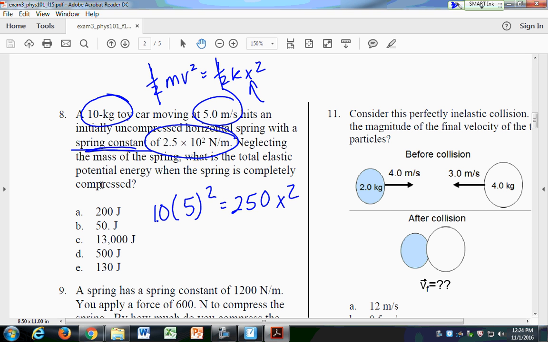Yes, because I do this problem every time, and then I think I get it wrong, and you just rounded it off to 2 sig figs. 10 times 25 is 250.